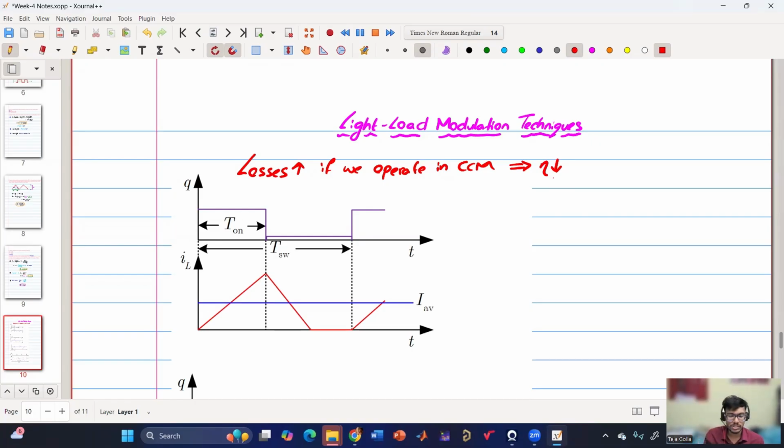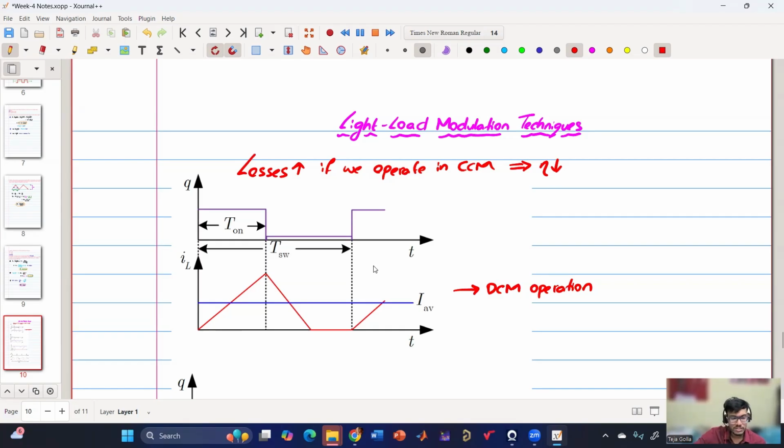Now what we are doing is operating in DCM. This is DCM operation, where the inductor current will not be allowed to go below zero. Once the inductor is turned off, we let the inductor current touch zero, and once it touches zero, we keep it like that until the next cycle starts.